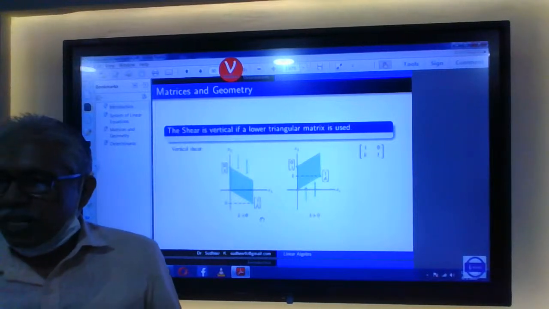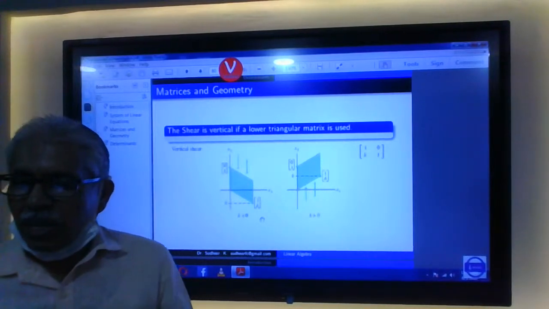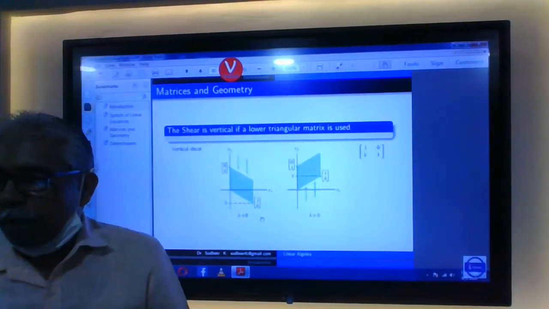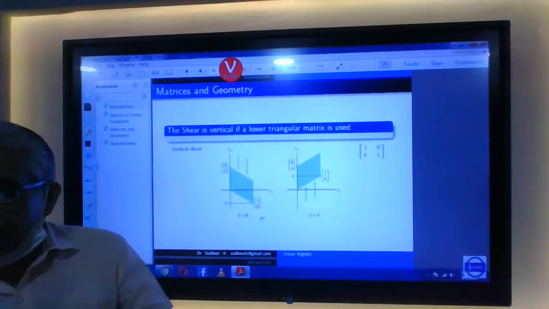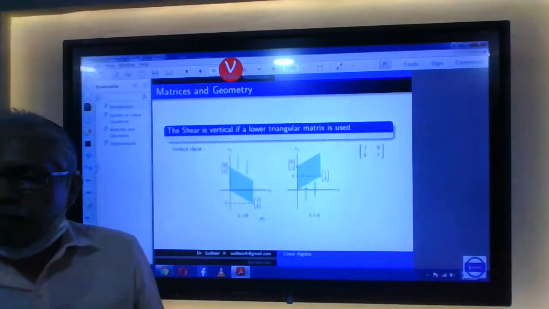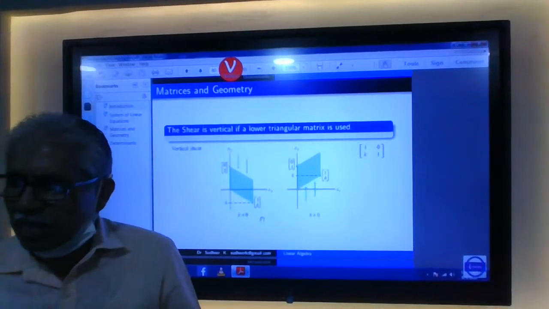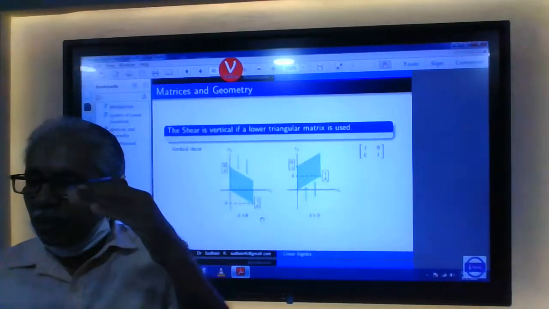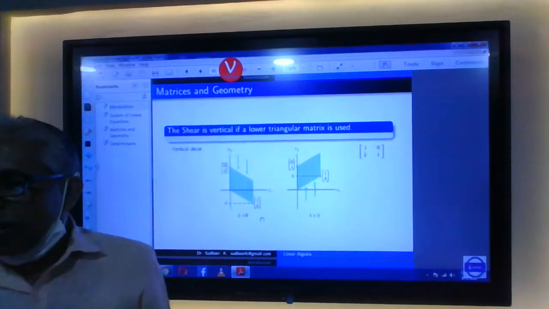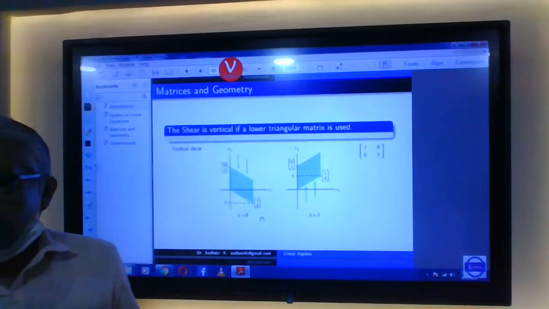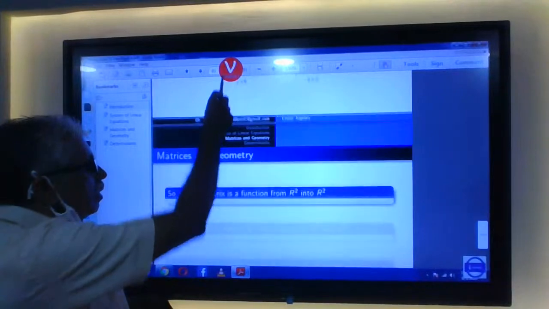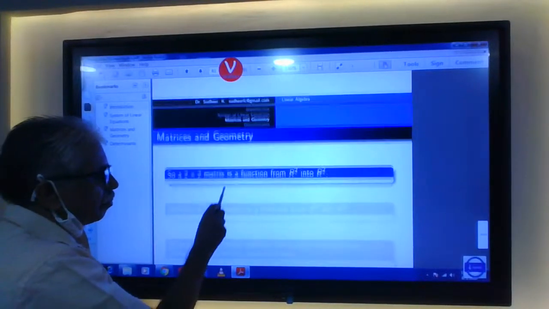Horizontal shearing is passed by upper triangular matrices. Vertical shearing is passed by lower triangular matrices. If the determinant is positive, the shearing will be towards one side; if the determinant is negative, the shearing will be towards the other side. So determinants have some role here.